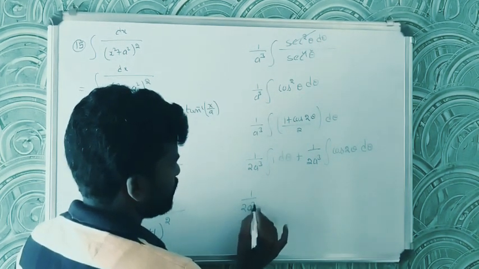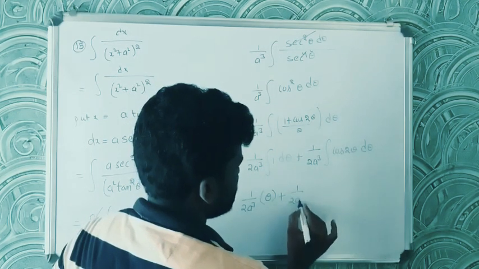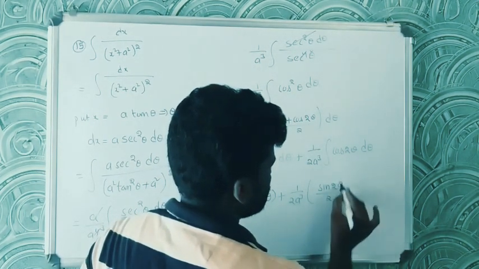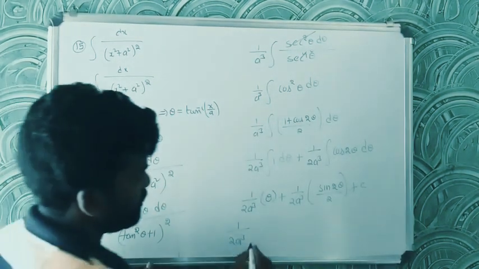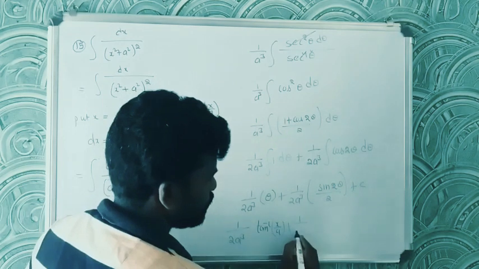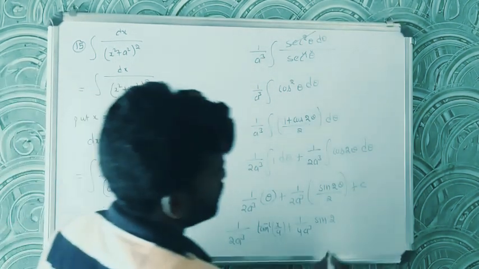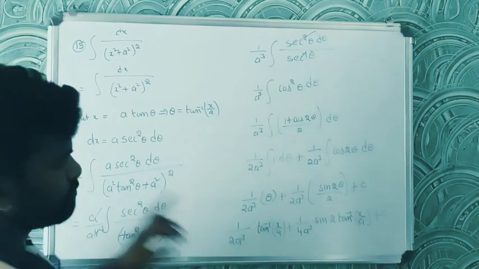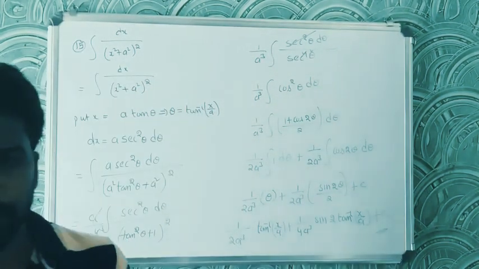Integration of 1 d theta is theta, plus 1 by 2a cube into integration of cos 2 theta is sin 2 theta by 2, plus c. 1 by 2a cube into theta means tan inverse x by a, plus 1 by 2a cube into sin 2 theta by 2, where 2 theta means 2 tan inverse x by a, plus c. This is problem number 15.